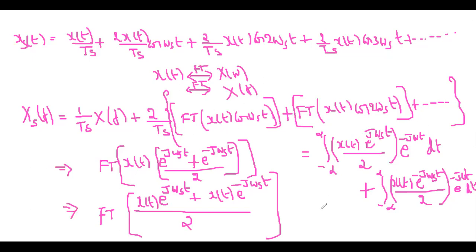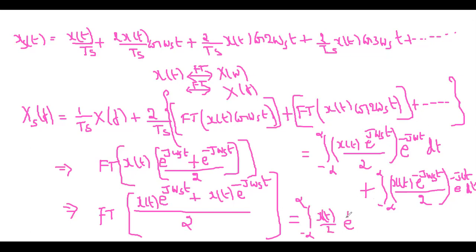Taking the first one only, here e power something and e power something is there: the integral from minus infinity to infinity of x of t by 2. The bases are the same, so you can add powers.